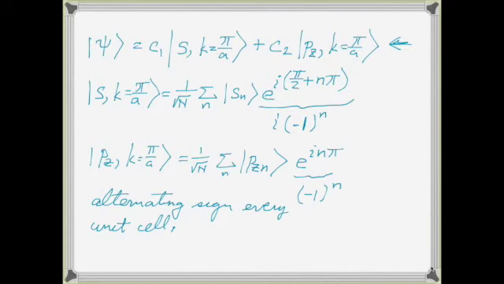And that's the nature of any wave function at the X point. It's very different from the wave function at the gamma point at k equals 0. At k equals 0, the wave function is just uniform. Every unit cell is the same. At the X point, it's flipping sign, plus minus 1, every unit cell. So if you're drawing, it's just a rapidly oscillating function. Every unit cell, it changes its sign.